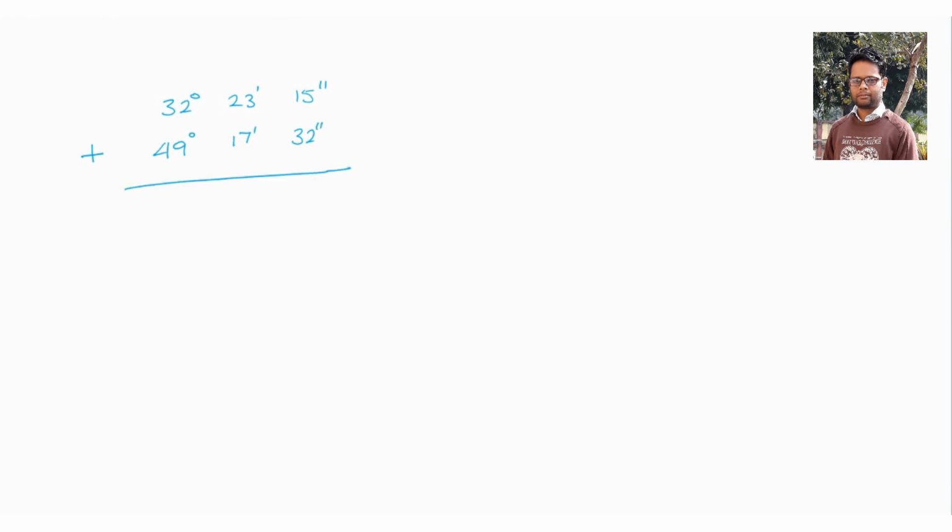We can add it. 5 plus 2 is 7, 3 plus 1 is 4, 6 seconds. 3 plus 7 is 10, 1 will go here, 1 plus 1 is 2, 2 plus 2 is 4. This is minutes. Now 9 plus 2 is 11, 1 goes here, 1 plus 4 is 5, 5 plus 3 is 8. So the addition is 81 degrees 40 minutes 47 seconds. So here is the example of the addition.